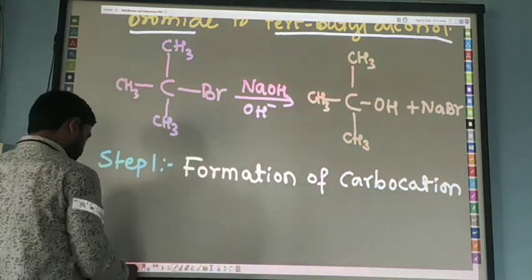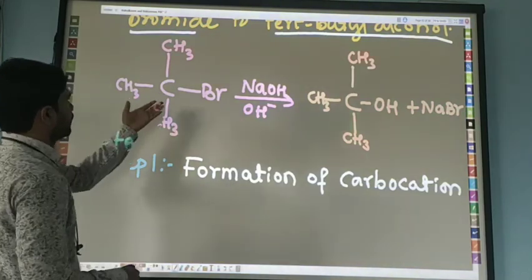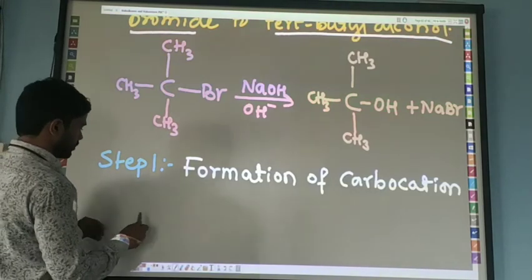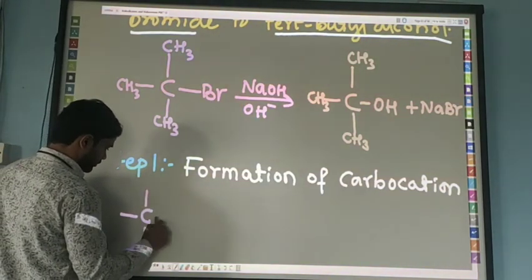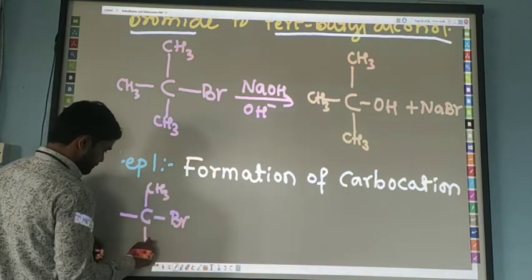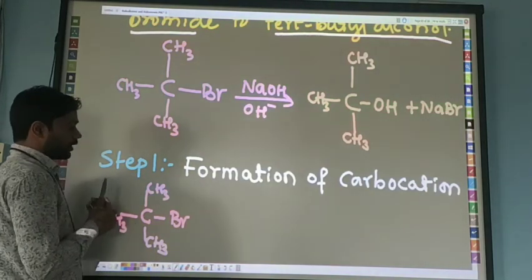Okay, let's see what's going to happen in this case. First, what is given? The tertiary butyl bromide is given to us. What's going to happen in the first case?